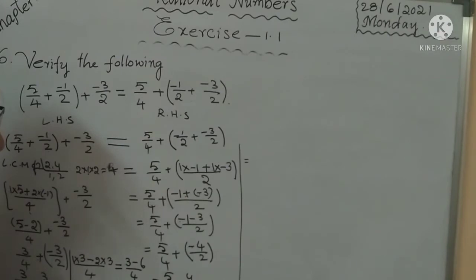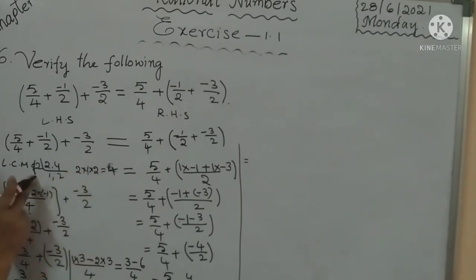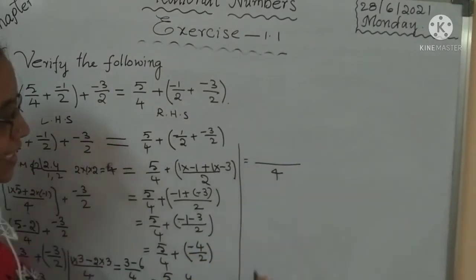LCM of 2 comma 4. So write 2 comma 4, 2 table. 2 1s are 2, 2 2s are 4. So the LCM is 4. Finally, we should write here denominator LCM 4.